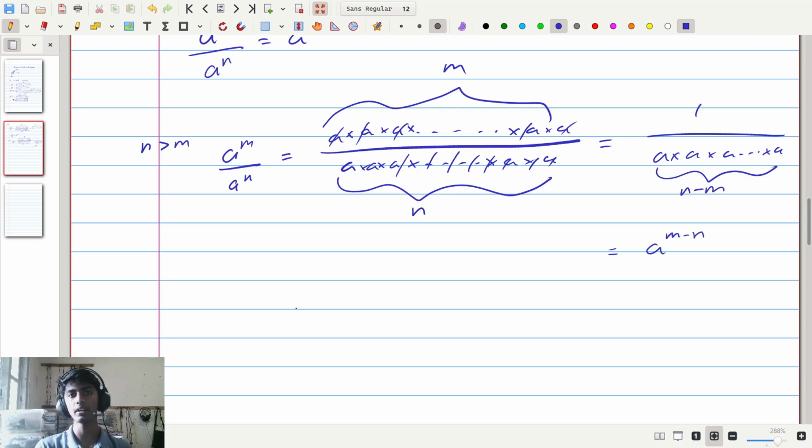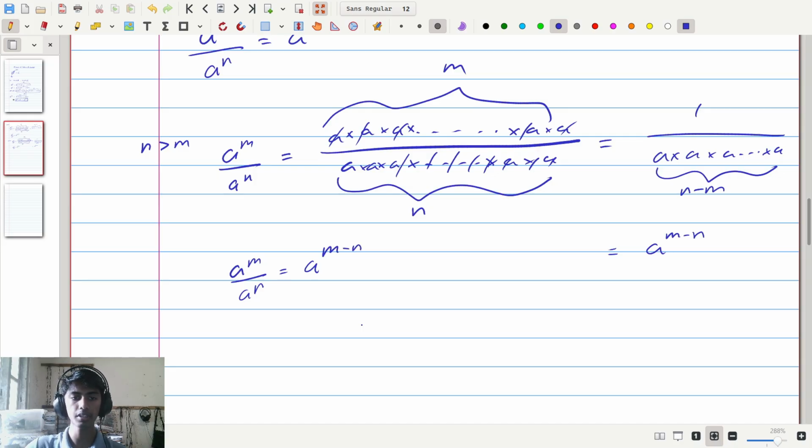So here we have expanded our definition of indexes. We no longer need to have positive indexes to make sense of it. Now we can have negative indexes as well. And now we have expanded to say that in this case as well, a to the m divided by a to the n is equal to a to the m minus n.